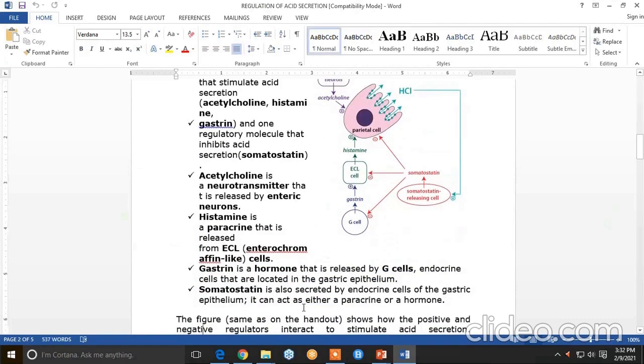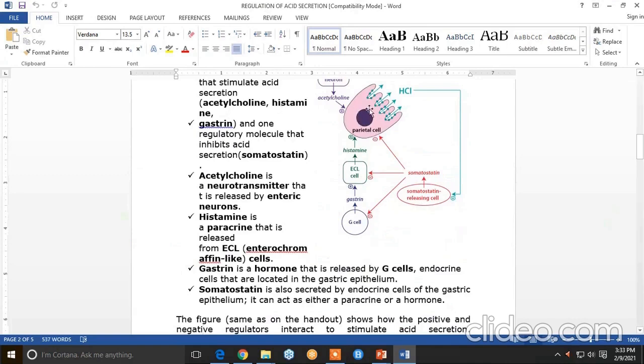Gastrin is a hormone that is released by G cells, endocrine cells that are located in the gastric epithelium. Somatostatin is also secreted by endocrine cells of the gastric epithelium, and it can act as either a paracrine or a hormone.